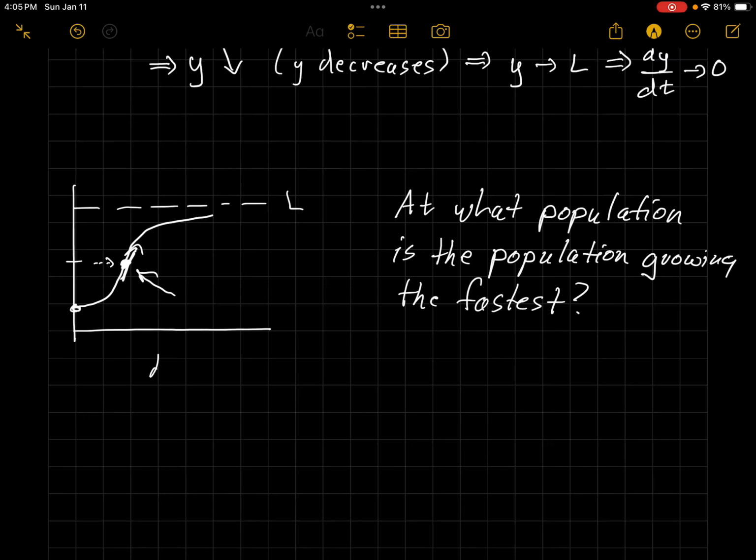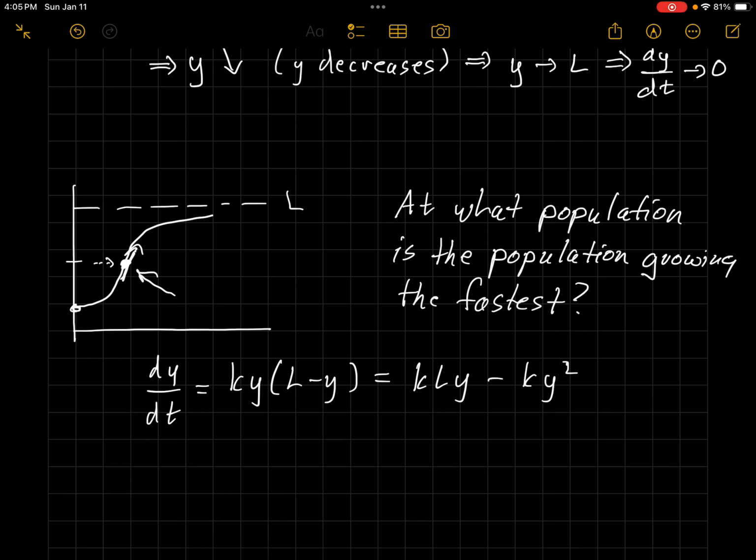So let's analyze our differential equation again. dy/dt equals ky times quantity (L minus y). I'm going to write this out as k times Ly minus k times y squared. And let's break down this question here.